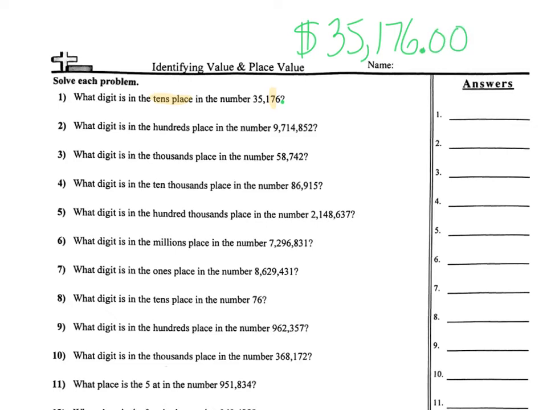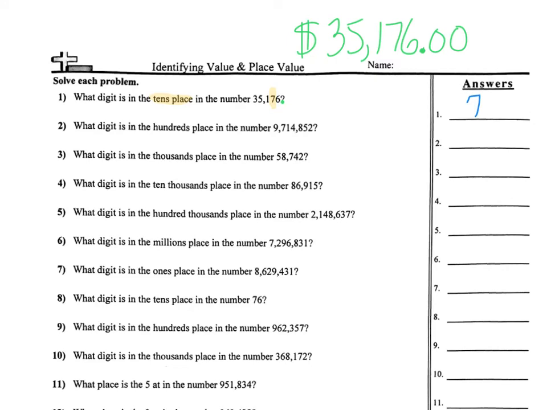So really, with any number, you've got a decimal point. You just don't always have to show it if there are no numbers after the decimal point. So the tens place, we've already identified as being 7. You're going to write the number 7 on your answer line.